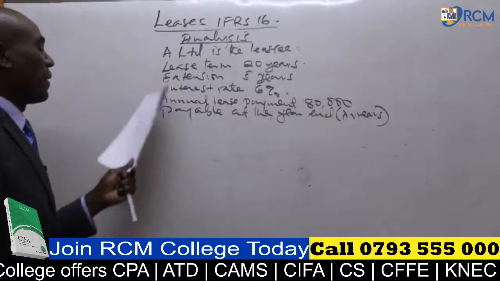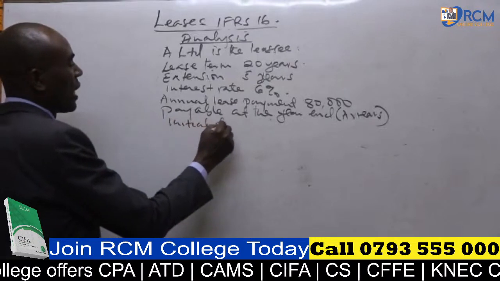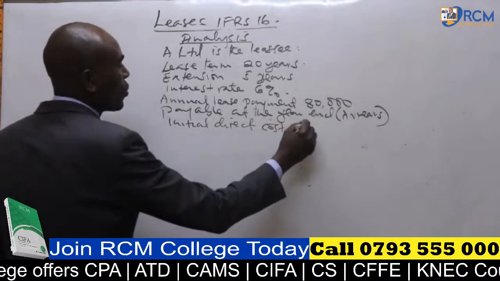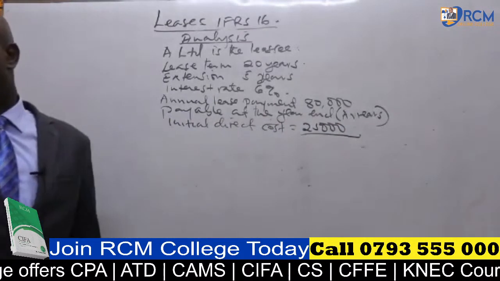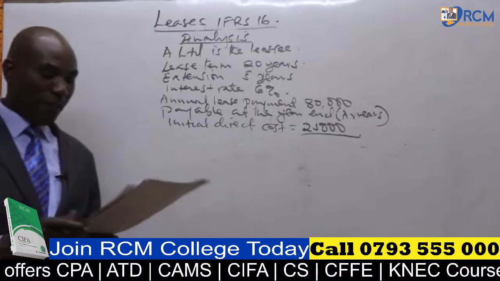Then we also have initial direct cost, which equals 25,000.